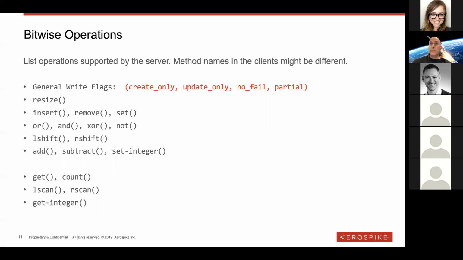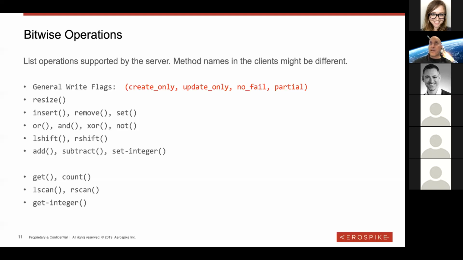So you may want to say, I want to initialize something if it doesn't exist, or I want to update it. Let's say map operations have the ability to increment an integer value inside a map. So you may want to say, if it doesn't exist, then create it and initialize it to some number, like 100. But if it does exist, I want to increment it by 3, whatever.